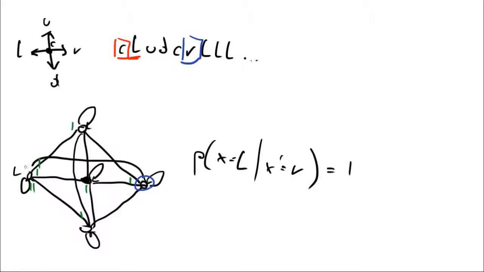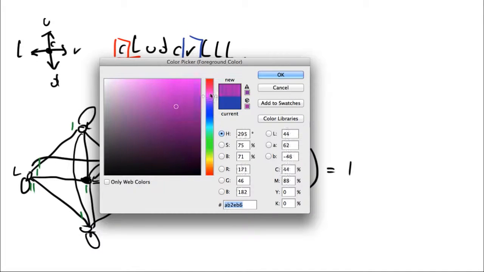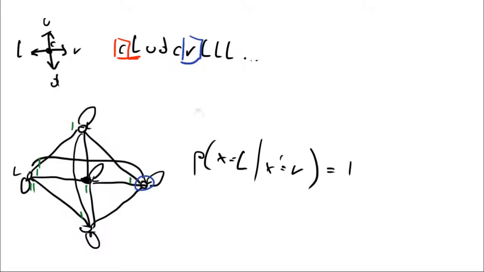But if, let's say, we are here in the left node. So the probability of x, let's say we want to go back to the center maybe.